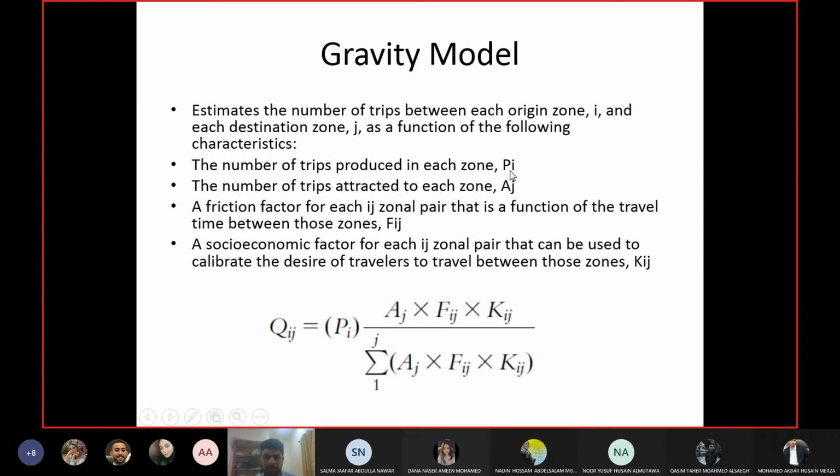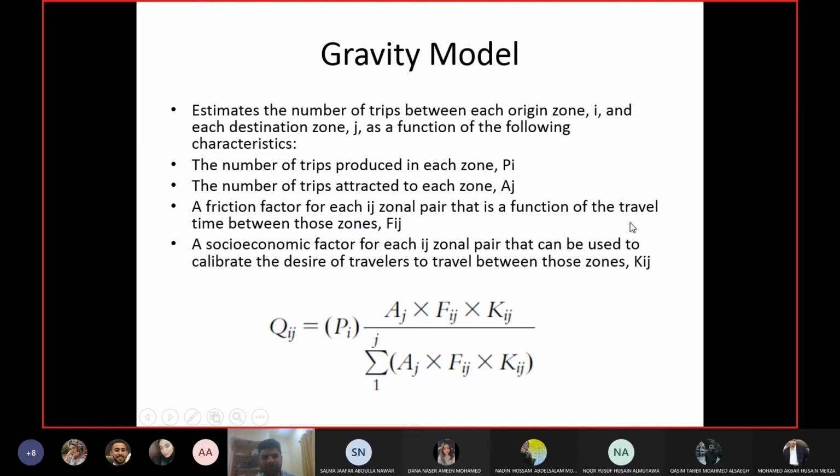Trips produced will be represented with P. So P will belong to zone I, and trips attracted will belong to zone J, the destination zone, and will be represented as Aj. Then between each pair of I and J, you will have a frictional factor. Frictional factor will be the travel time.